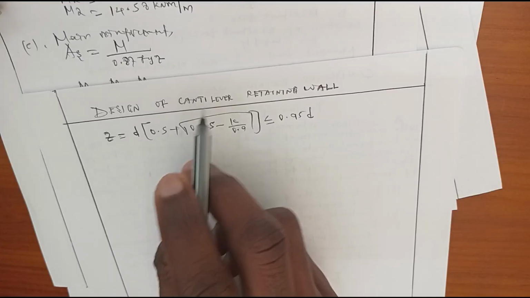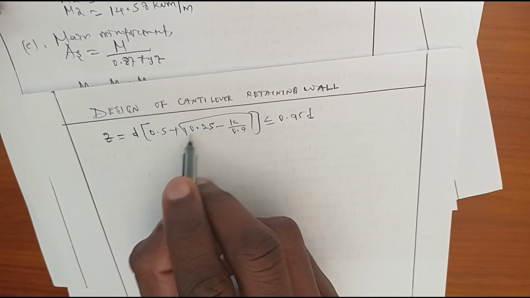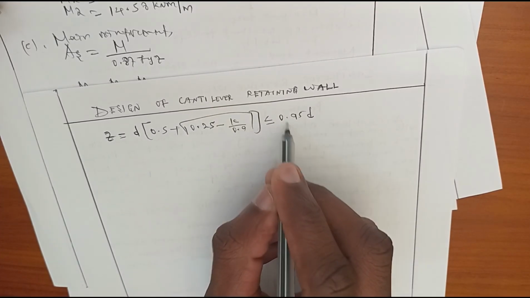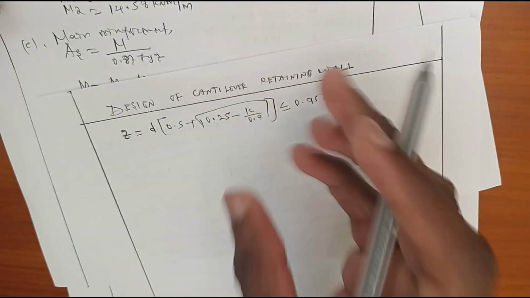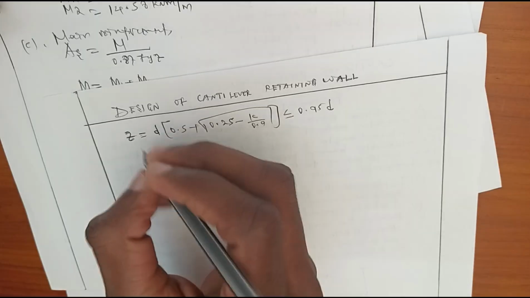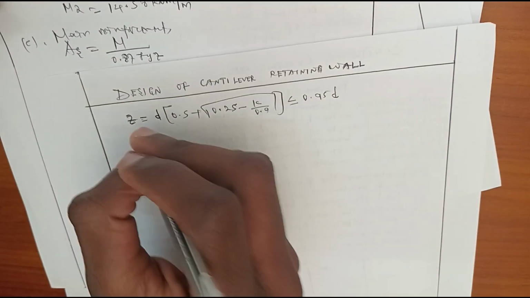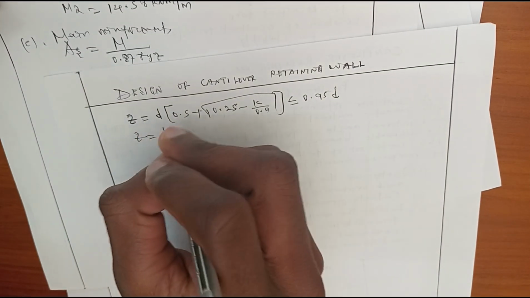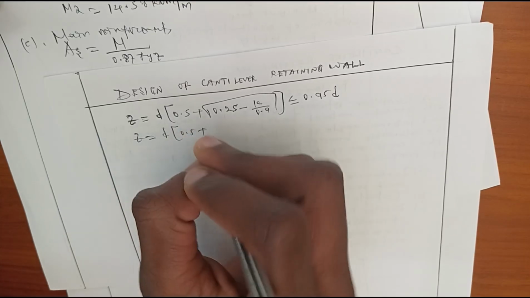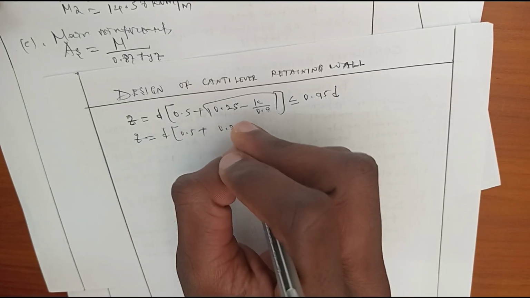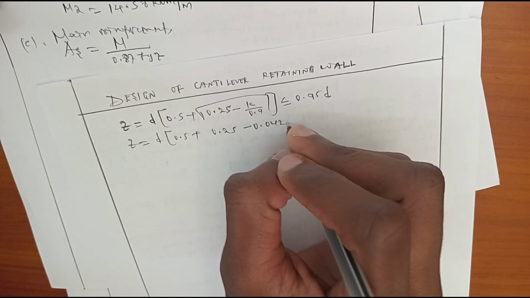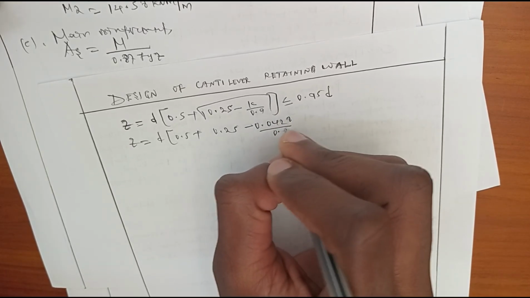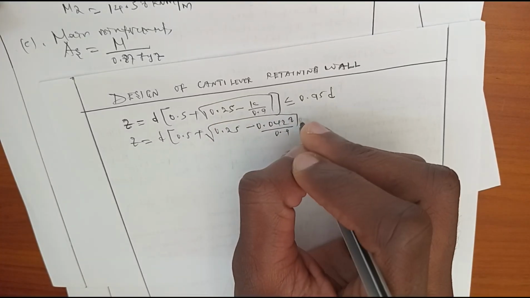If this value is greater than this one, we take 0.95 times effective depth. So if it is less, we take the lesser one. Now let's substitute the value of K here. So the value of Z will be equal to 0.5 plus the square root of 0.25 minus the value of K, which is 0.0428, divided by 0.9.